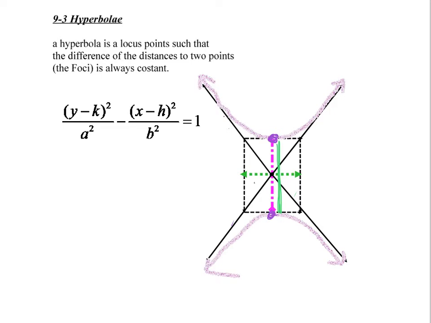So each of these little lengths is called a. From center to vertex is a. That's this a. And that distance of 2a is called the transverse axis. That's 2a, and it goes from vertex to vertex through our center.